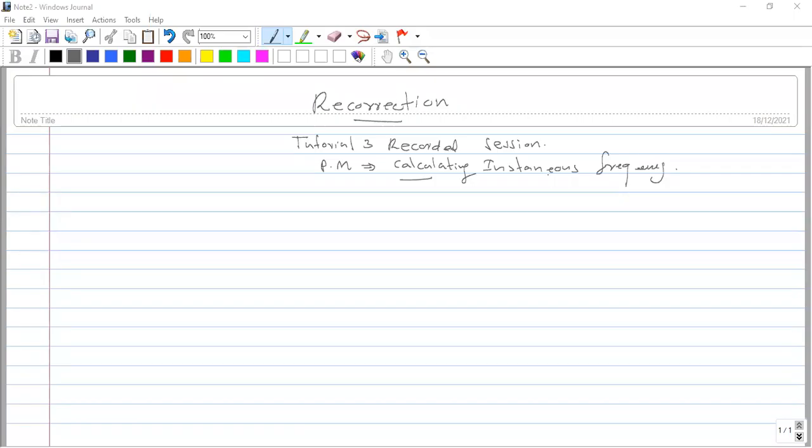Hello, students. I am doing this session to correct some mistakes I made in the tutorial 3 recorded session, related to the phase modulated signal example. When we were calculating instantaneous frequency, we made a few mistakes.